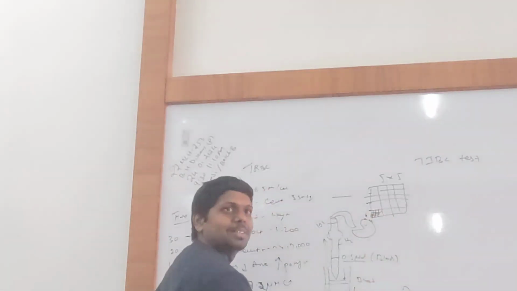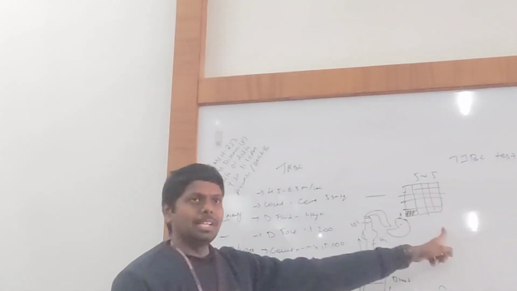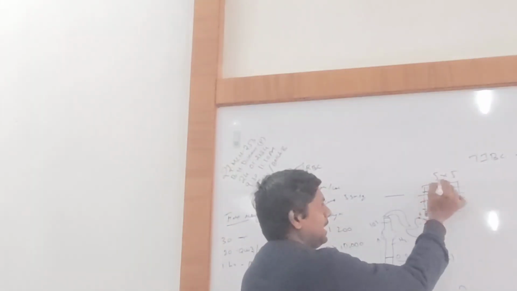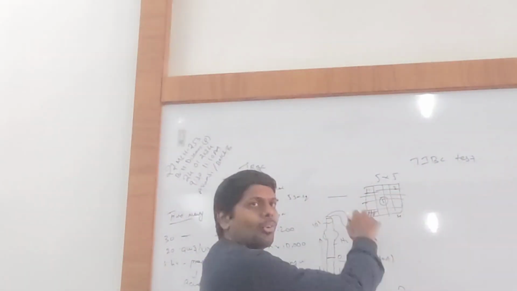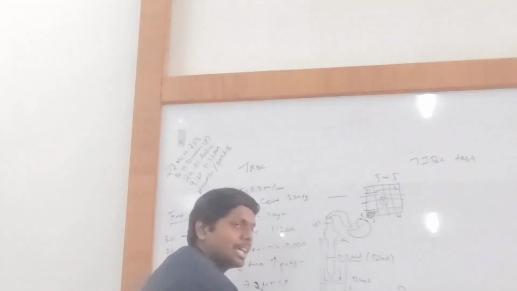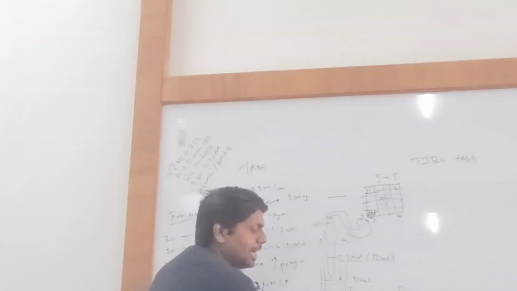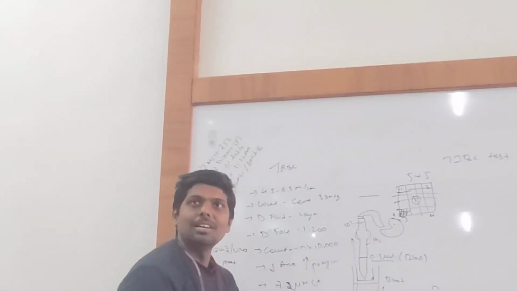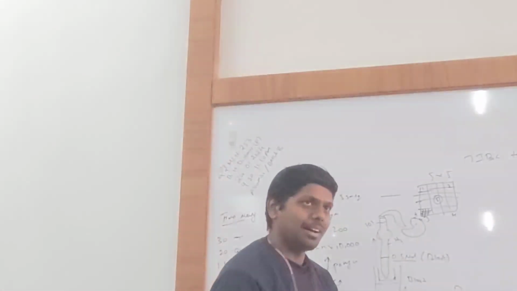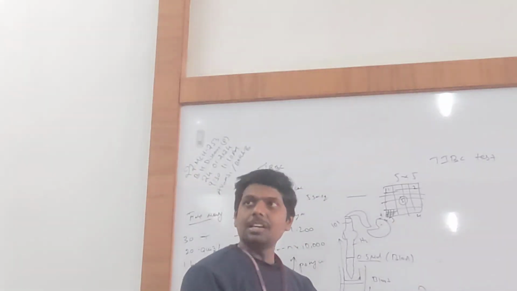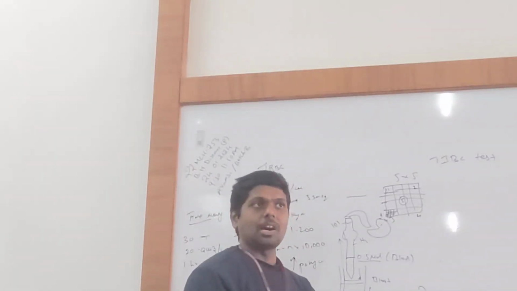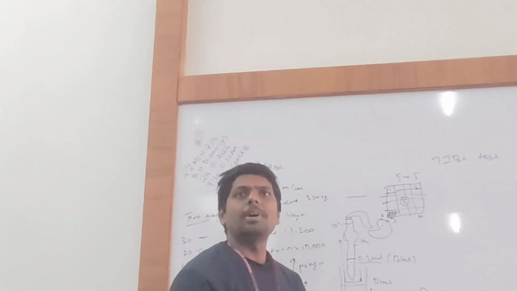Do you remember? So where we are counting in central square, we are counting in here and here plus central square, right? 4 corner and central square. These are the 5 squares. Okay, 4 into 4 grid 5. Okay, so we are counting all these areas. We got the n value. N is total number of cells counted into 10,000. We will get a value.